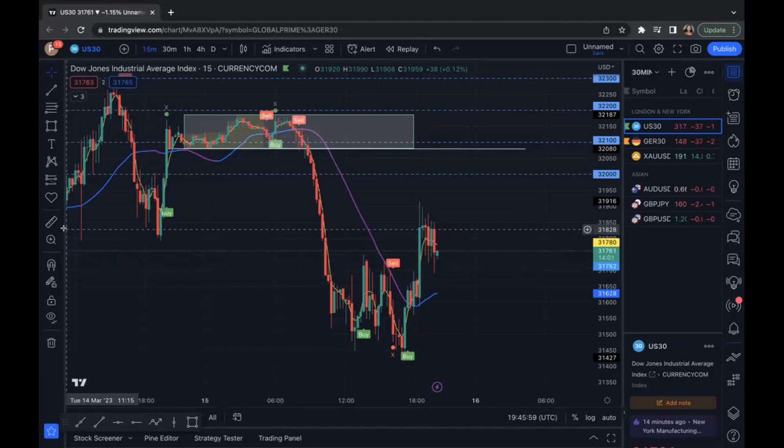Period title, ATR period type 10. And then we need it close. Close. And then multiply ATR, type 1. The value is 1.